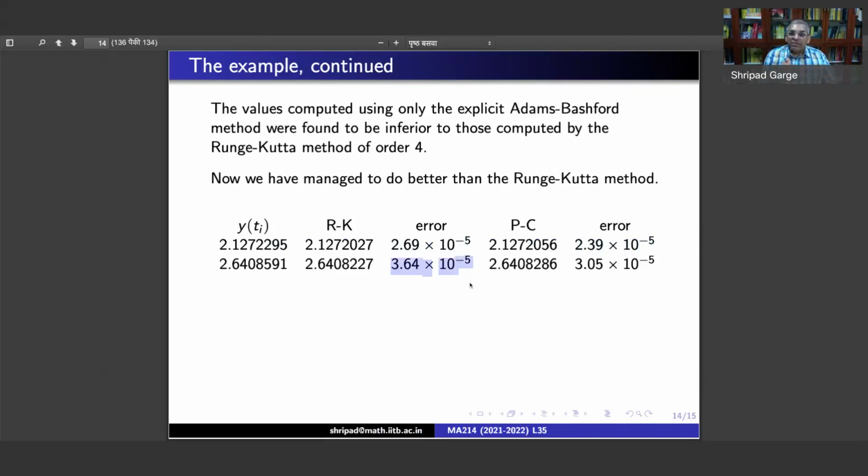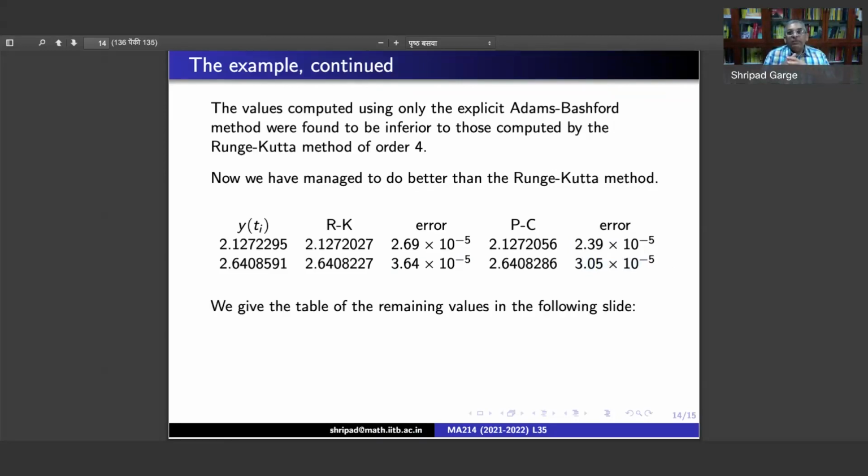And if you remember, for Adams-Bashforth it was something times 10 to the power minus 4. We had gone to the next decimal place in the error, whereas here again the error has reduced. So the combination of explicit Adams-Bashforth to get the predicted value, and then using it in the implicit Adams-Moulton method to correct or improve upon the value, has worked well.